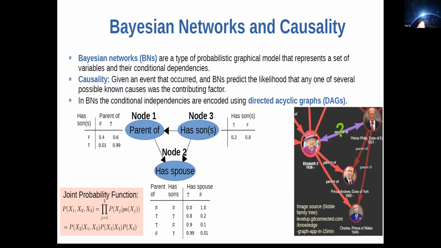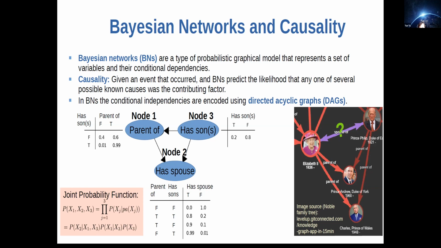Now let's talk about a more realistic example. Hopefully from that funny example, we have already seen that the Bayesian network is associated with a directed acyclic graph, and this directed acyclic graph expresses the conditional independence relationships among the variables in the Bayesian network.